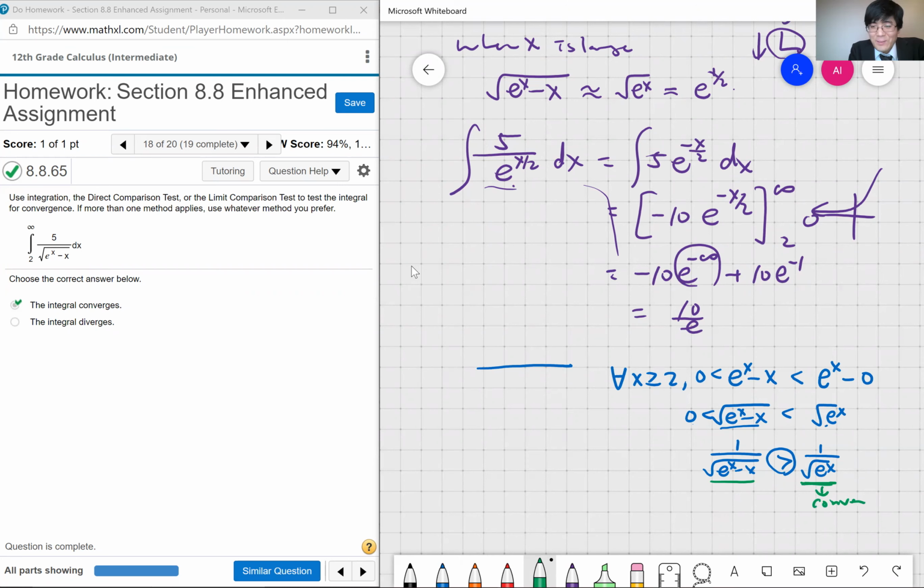Yeah, we don't want something greater. So this comparison is not really working well. So we have to make some kind of adjustment. So one way to adjust is to try to find something, make some adjustment to make something that is easy to integrate, but smaller than this.